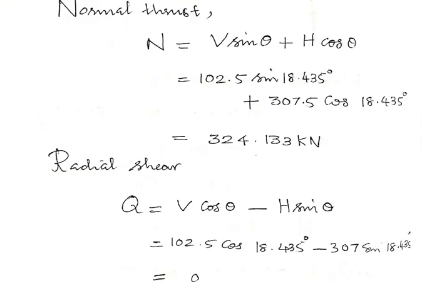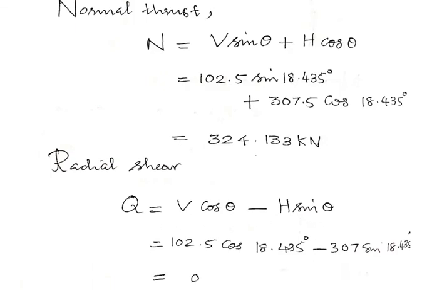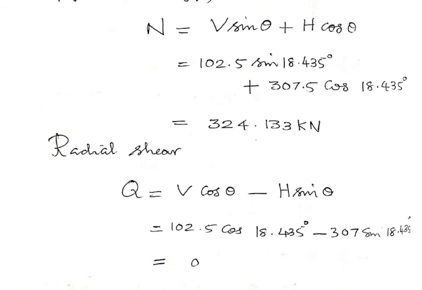Now we have the values of V, theta and H. Substitute into the normal thrust N is equal to V sin theta plus H cos theta, and radial shear Q is equal to V cos theta minus H sin theta. The equations are the same.